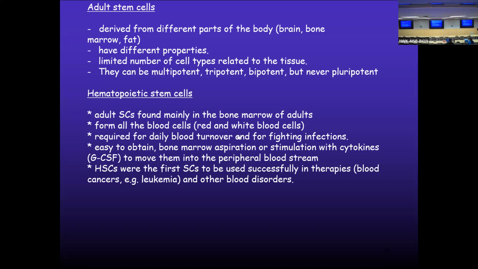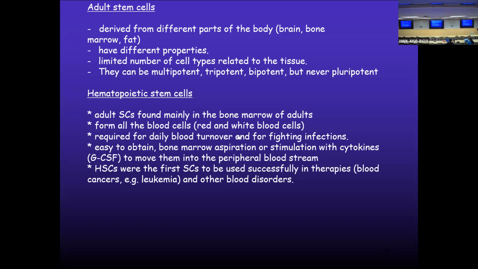Because if we use embryonic stem cells, we can make hematopoietic cells, but we can make many other things, and those will contaminate the tissue that we are making, and that's not good, okay? If you're using it for therapy, maybe the best thing to do is to use hematopoietic stem cells to make hematopoietic cells.